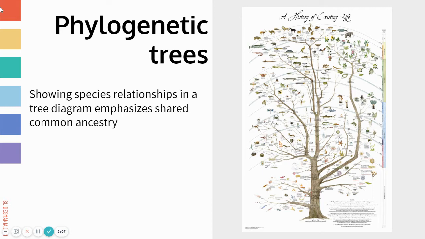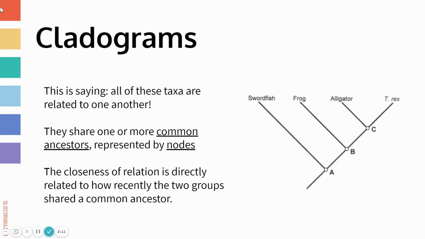So phylogenetic trees are just a more accurately scaled sort of diagram, and the other option is a cladogram, where the relationships between species are represented in a certain way, but the length of the branches doesn't really mean anything, and it's not to scale. You can think of it that way.